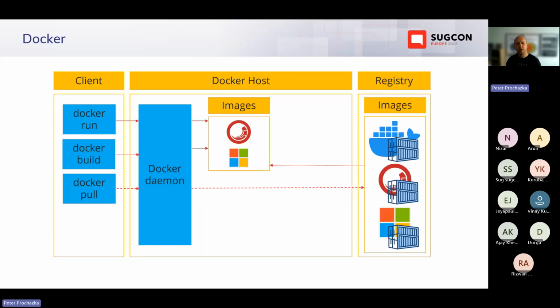Then when you use Docker, you are creating and using images, containers, networks, volumes, and other objects. An image is a read-only template, and read-only is really crucial in Docker. Once you create an image, you cannot change it.